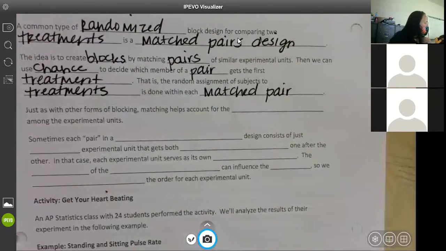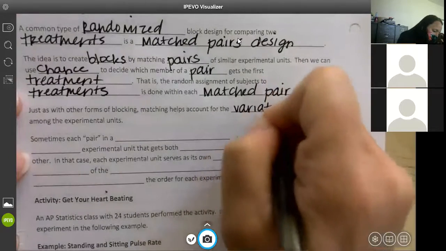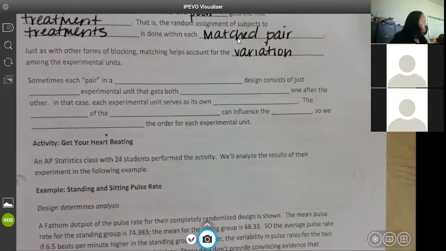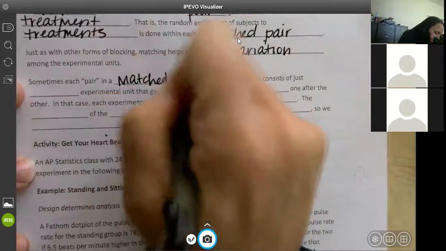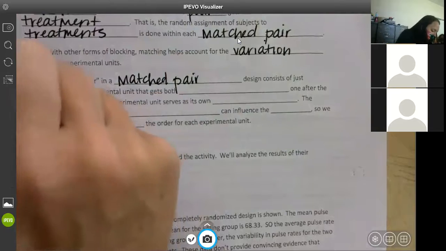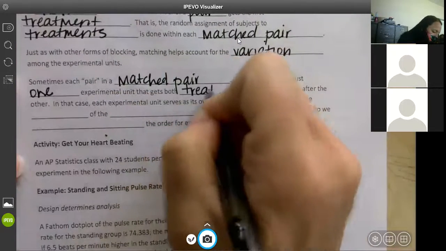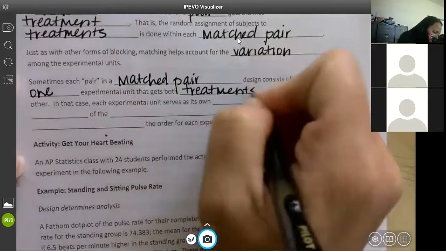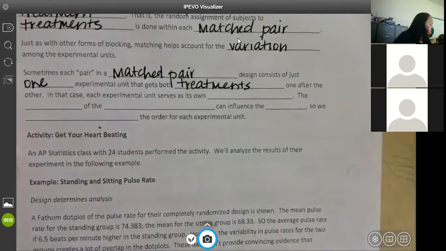Just as with other forms of blocking, matching helps account for the variation among the experimental units. Sometimes each pair in a matched pair design consists of just one experimental unit that actually gets both treatments, one after the other. In that case, each experimental unit serves as its own control.